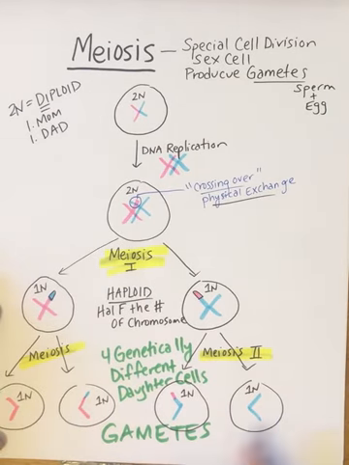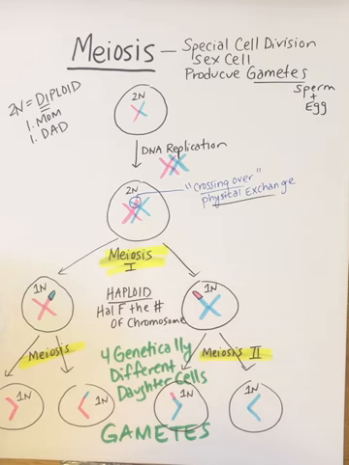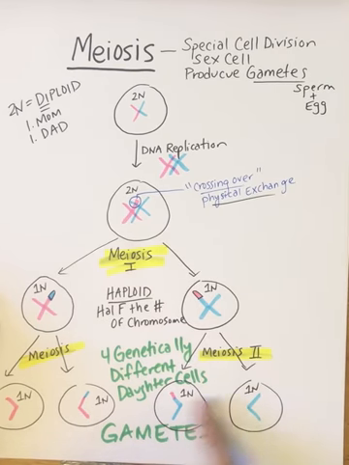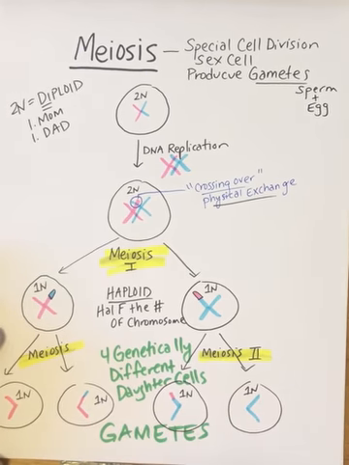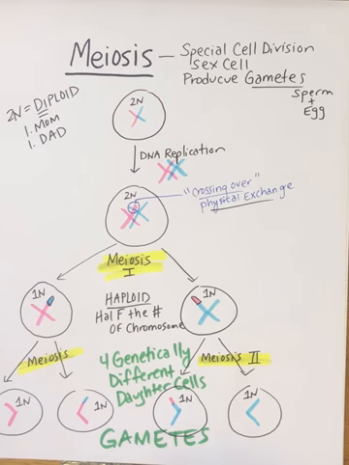But you can only pass half of your genetic material. So you have 4 different eggs or 4 different sperm, and each one of them is going to have different genetic material from your parents. So that's really the basis of mitosis and meiosis, that you can watch this to help you understand.